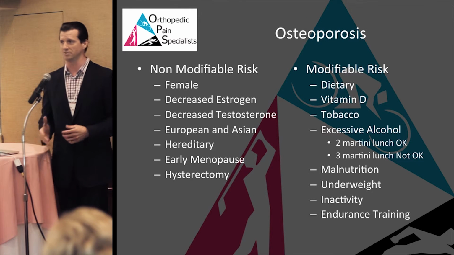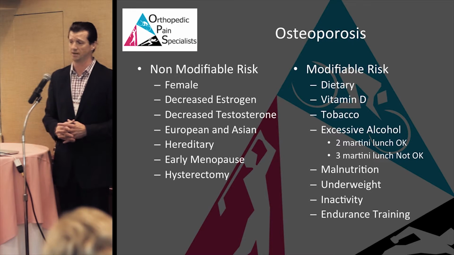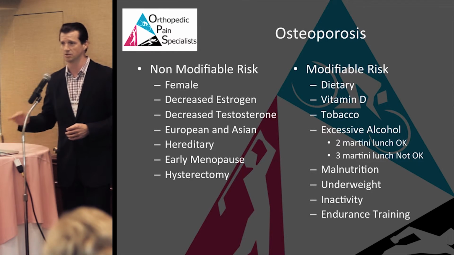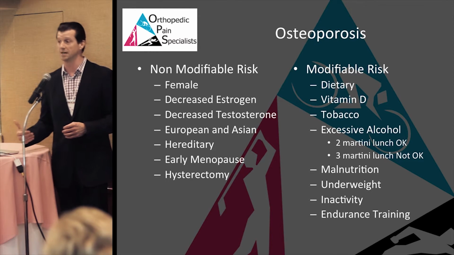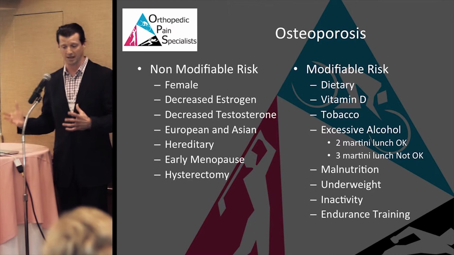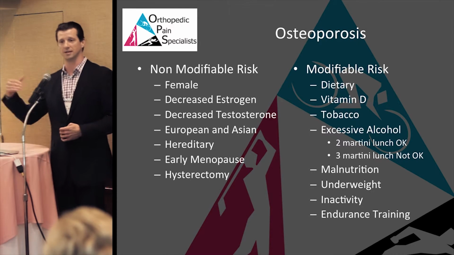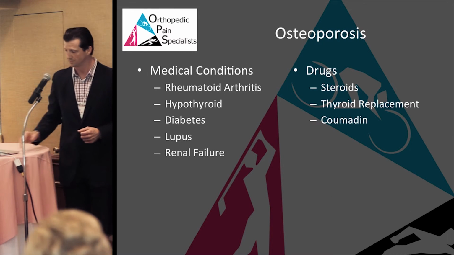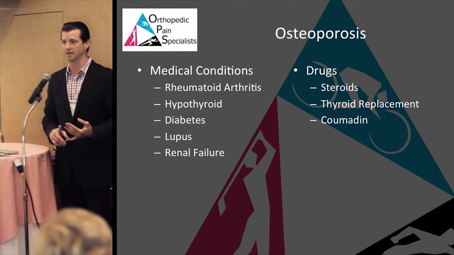Endurance training, however, you see these women that are in great shape, or what would appear to be great shape, but when they deplete their fat stores, when their body fat gets so low, they decrease their estrogen production. Sometimes they become amenorrheic, so they don't even have periods, and so that puts you in a whole other category of risk for osteoporosis. Then medical conditions: rheumatoid arthritis, hypothyroidism, diabetes, lupus, renal failure.